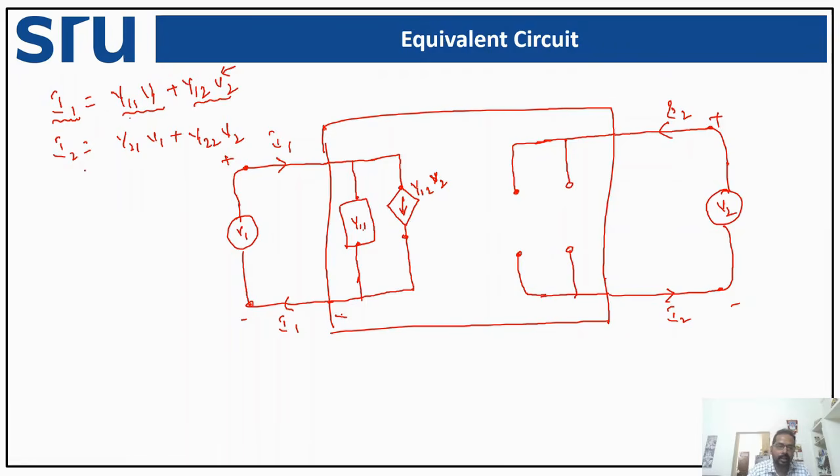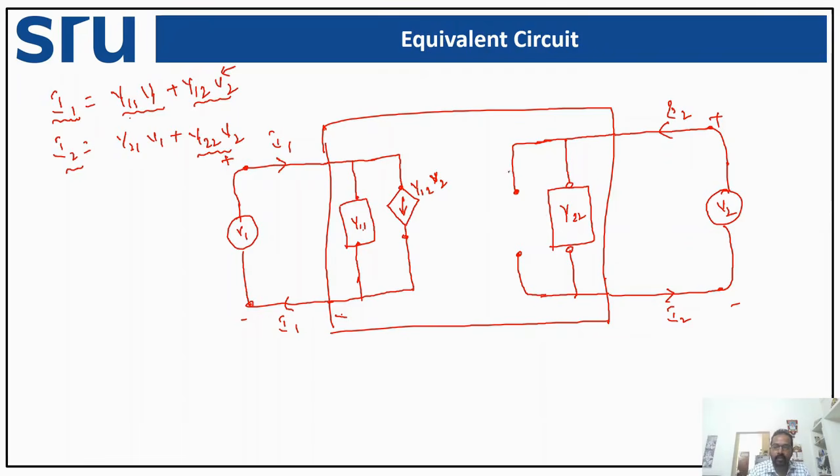Here I have I2. As these three branches are connected in parallel, we have an element here, Y22, which is connected in parallel with V2. So the voltage across this will be V2, and the current flowing through will be Y22 into V2.